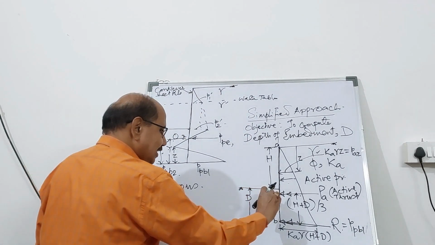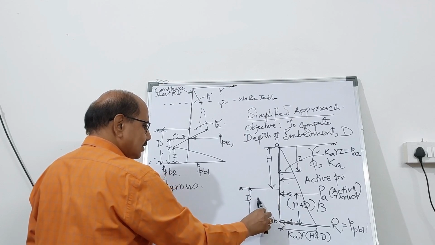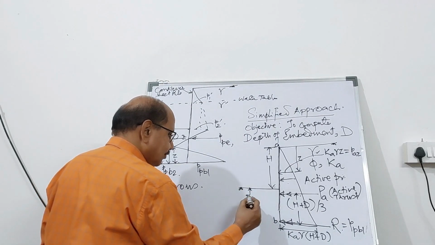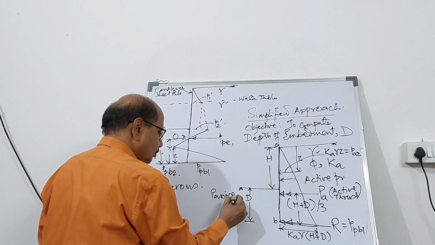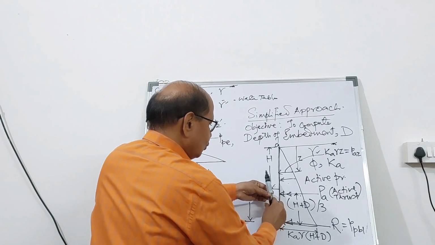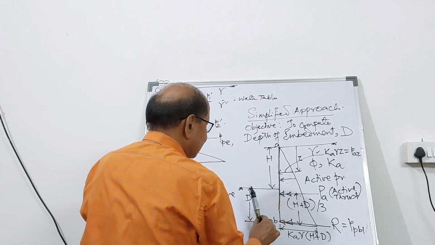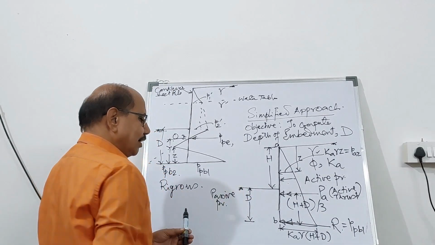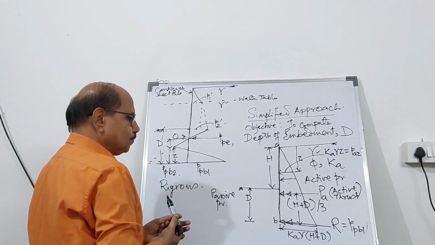And on this side, it is assumed that this is going to be completely passive. So if it is going to be passive in nature, it is going to rotate like this, and therefore it is going to compress the backfill on the left hand side, that is below the depth of embedment.